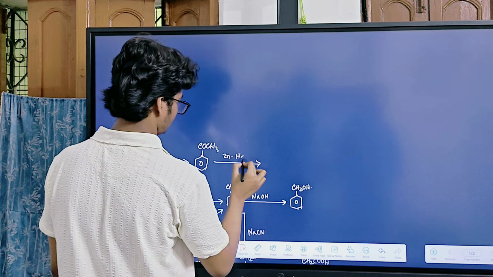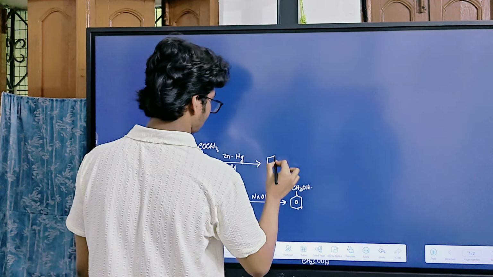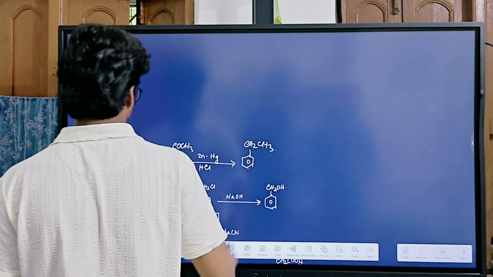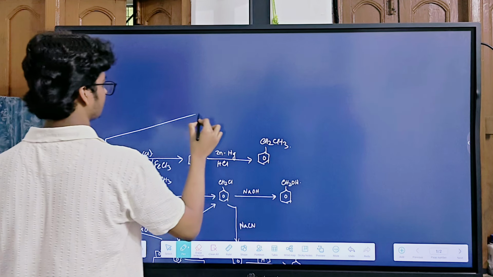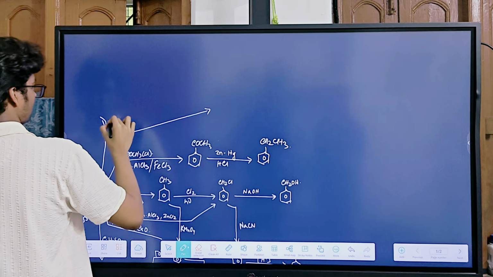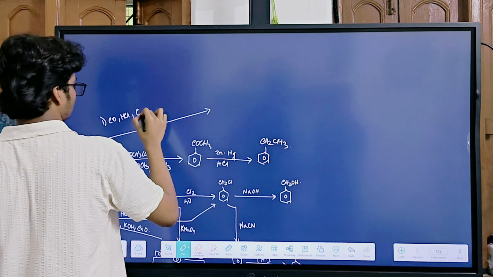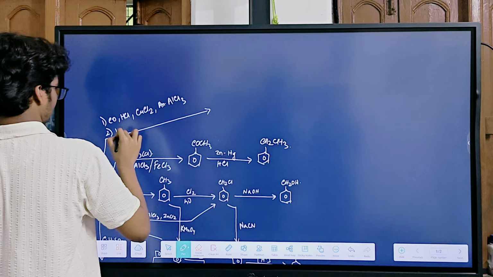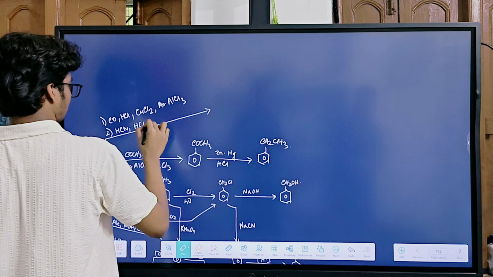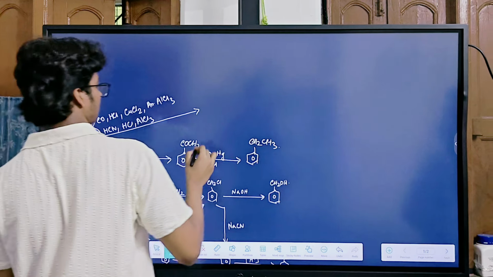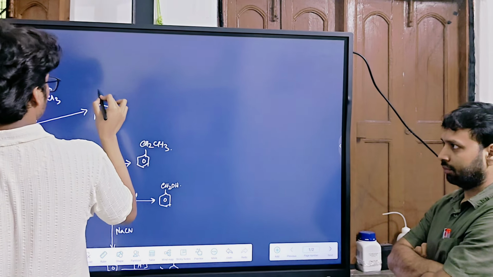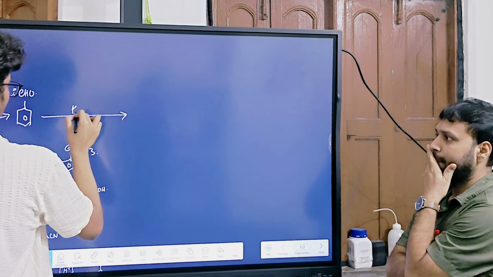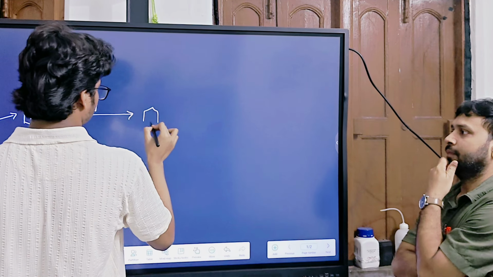Which on halogen reduction, the Rosenmund reduction reaction, we can use it, will form CHO. And this one, which reacts with KCN, forms benzoin.